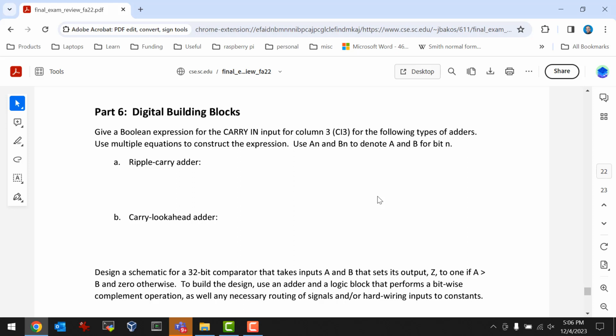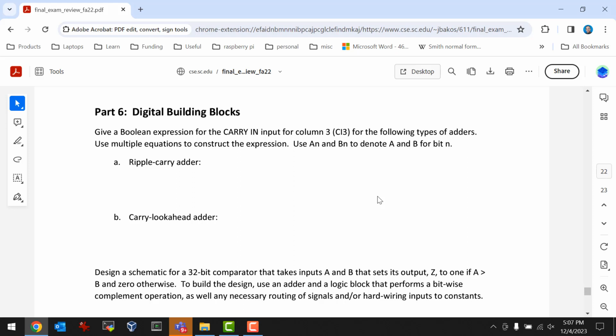Carry in 1 is going to be carry out 0 equals, and then pretty much the same thing again, right? You guys with me? Right? Make sense? So these would all have to be nested.